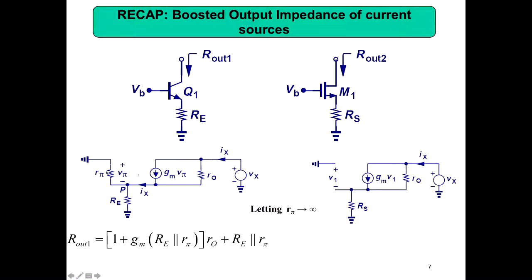Because R pi equals infinity, in this term the parallel combination reduces to Re, so what stays is R out 2, which is equal to 1 plus Gm Rs, into Ro plus Rs. Even for the MOS, the output impedance is boosted when you connect Rs. Same effect.